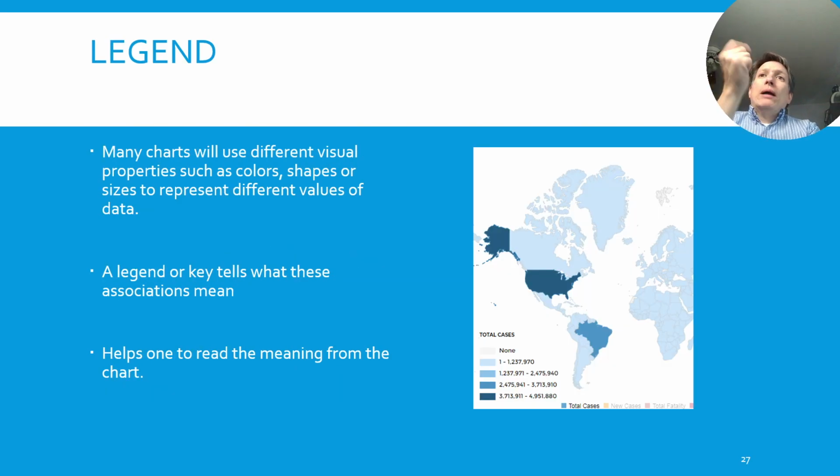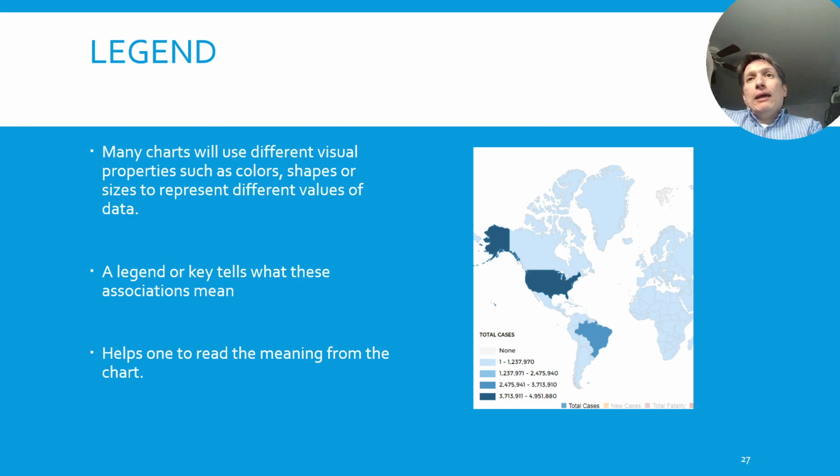Legend usually is the one that is going to help us to translate this meaning of representations that are not really easy to extract. And in the case of this map, the intensity of the color is talking about the number of cases or the density of the cases. And we are going to make the difference of density and number in the future.